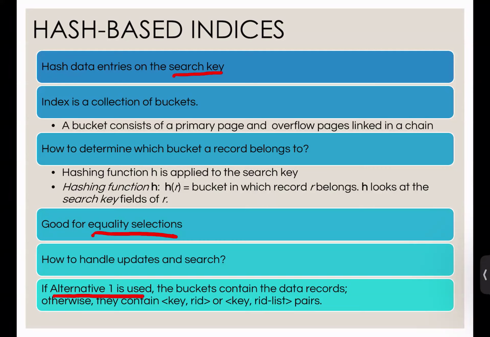So that means instead of having a secondary index with just a search key in the bucket, we can use the whole data records in the bucket. Well, that's alternative 1. That's the only difference, right? If it's not alternative 1, all we need to do is pick the search key that we want, and we only put the search key in.